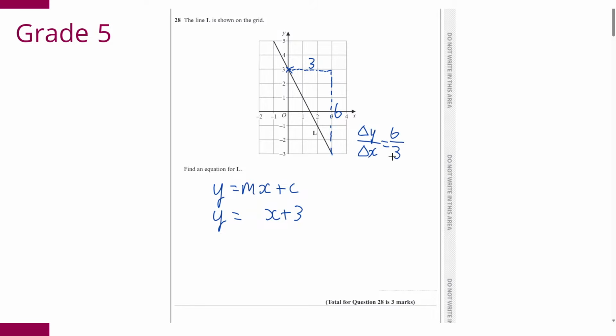How much has x changed? 3. 6 divided by 3 is 2. Or there's a much quicker way for these ones. You go across 1, always 1, and whatever you do to hit the line, it will be the gradient. So if you go across 1 and you've gone up or down 2, the gradient will be 2.